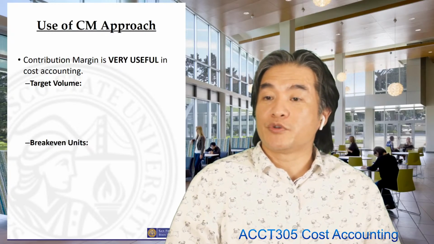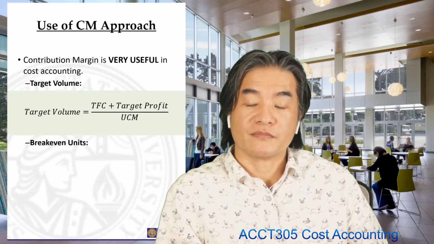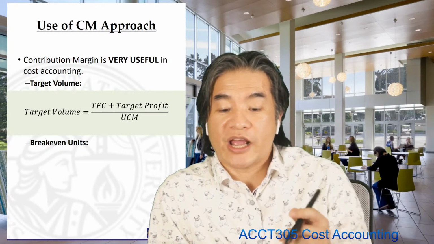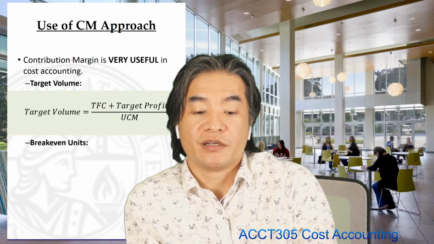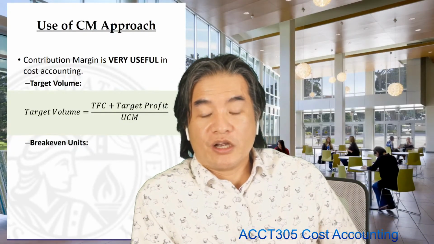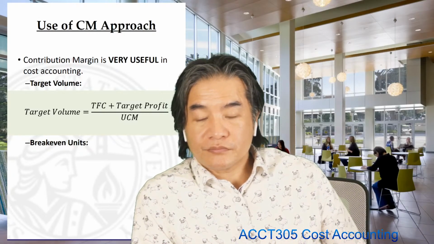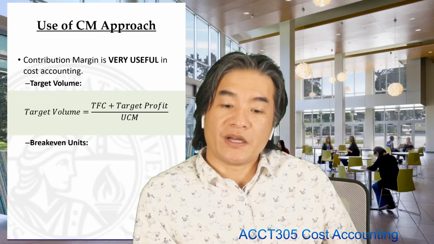And also, you can use contribution margin to calculate the target volume. The idea is this: the target volume equals the total fixed cost plus the target profit you want to reach. Earlier we already talked about it. My total fixed cost is $1,200.